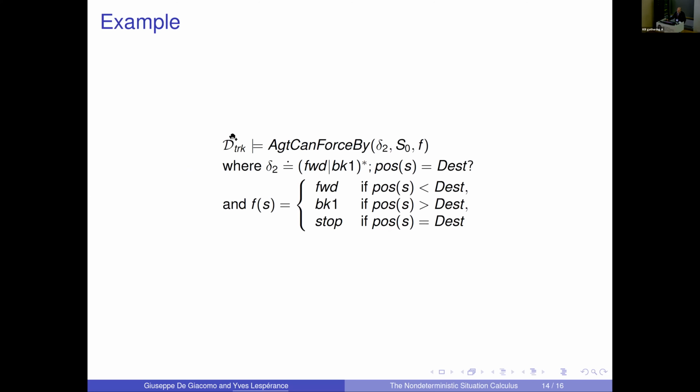Here we can prove that in our domain there's a strategy for the agent to force this program to successfully terminate: keep going forward until you reach the destination and then you can stop, or if you're ahead of the destination, you can just go back by 1 and you'll be at the destination.